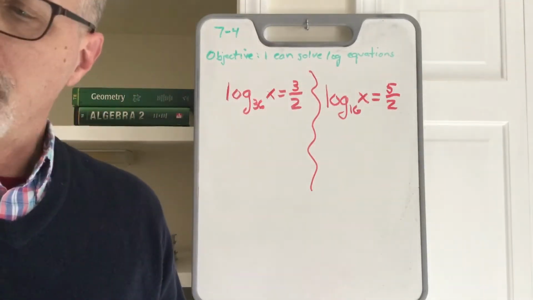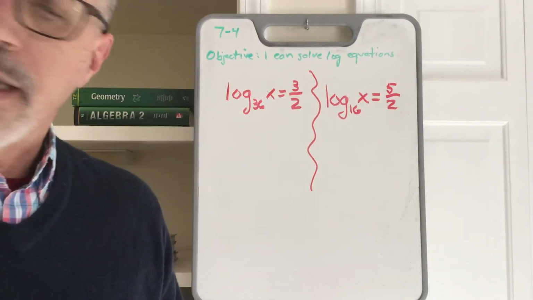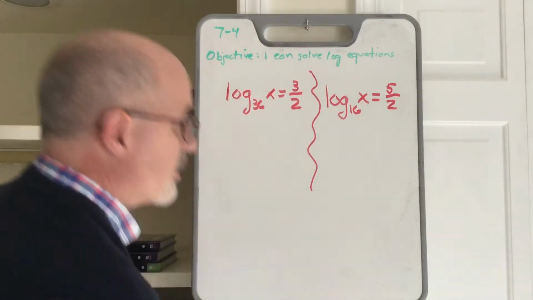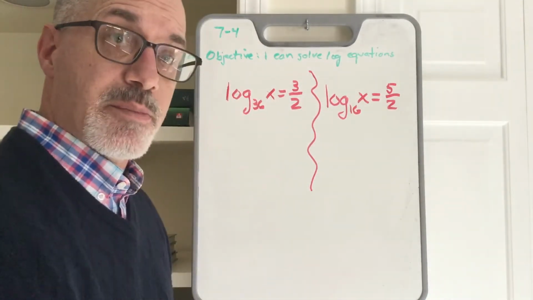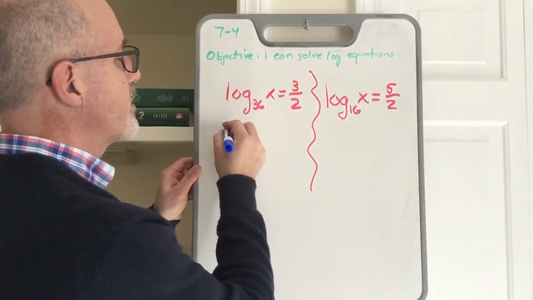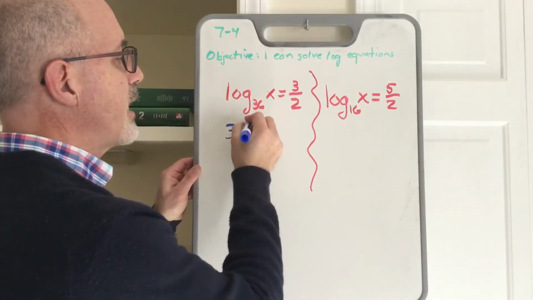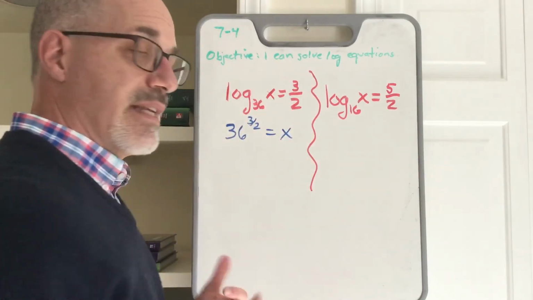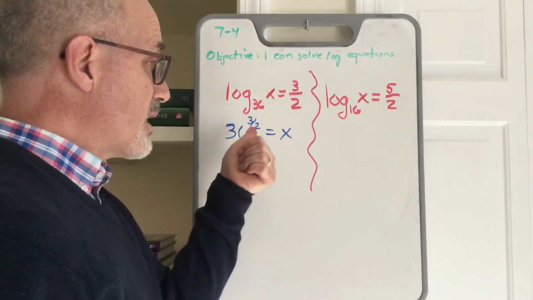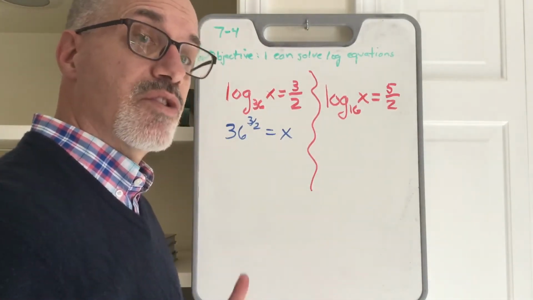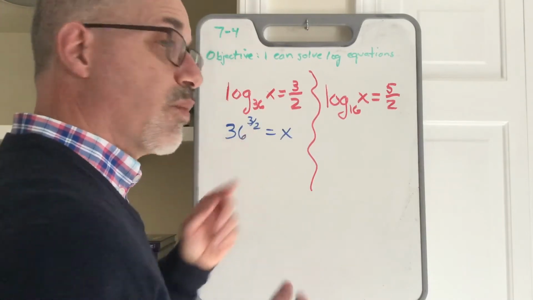Okay, let's start with the first one. We're going to do the same thing as before and convert it into an exponential. The first step is to take 36, put it to the 3/2 power, and set that equal to x. Because the 2 is in the denominator, remember denominators mean roots, so that's a square root.